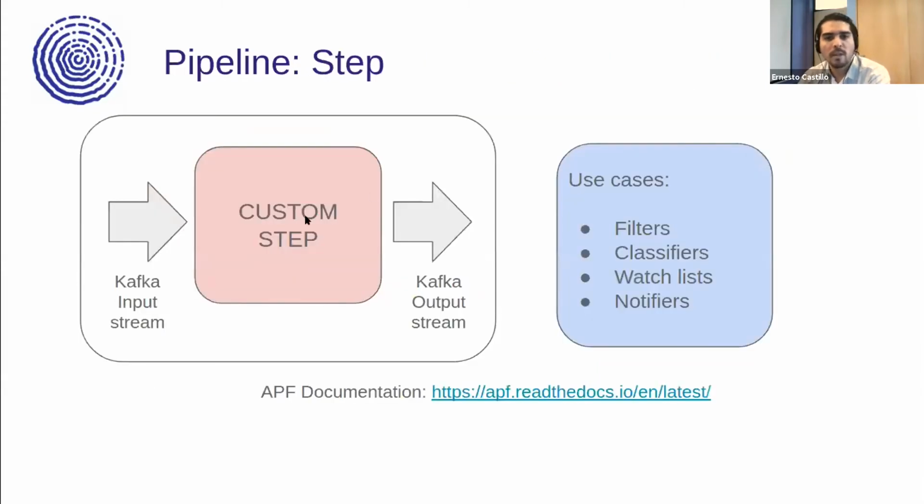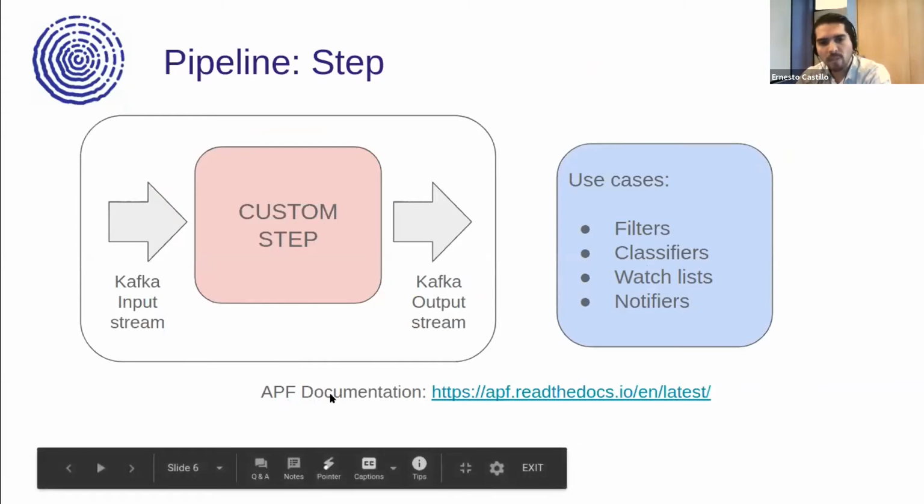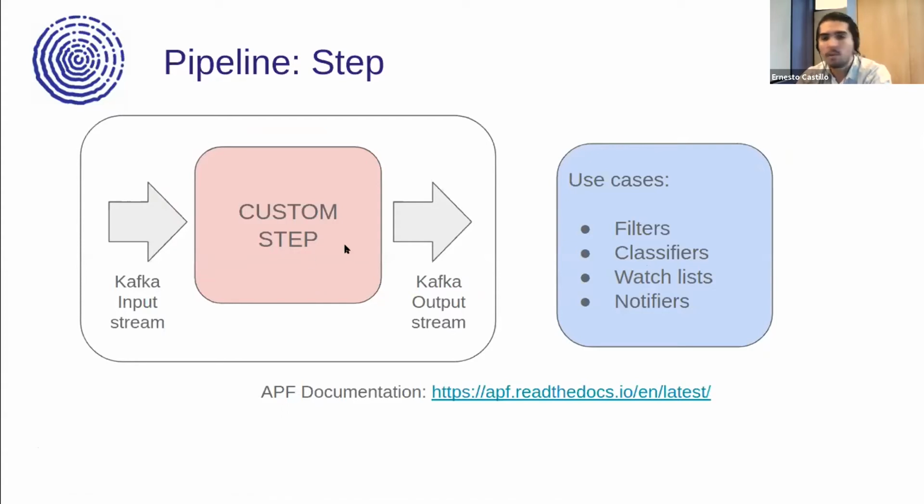And you can implement, for example, custom filters, custom classifiers, custom watch lists, or any notifier as you want. The job is facilitated by the APF framework written in Python, but you can also implement a custom step in a different language as you want.